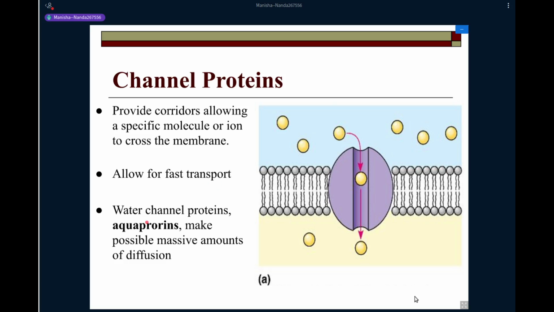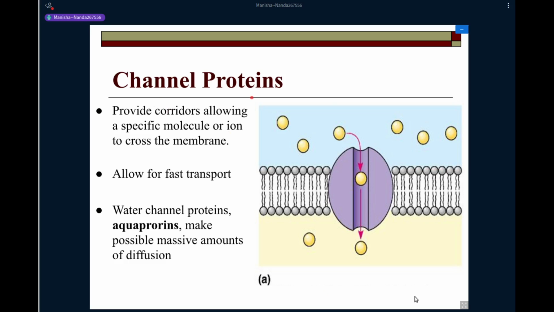Water channels, called aquaporins, make possible massive amounts of diffusion. This is one example I just want to quote. For fast diffusion of water, some membranes have these proteins called aquaporins that allow the movement of water through them.